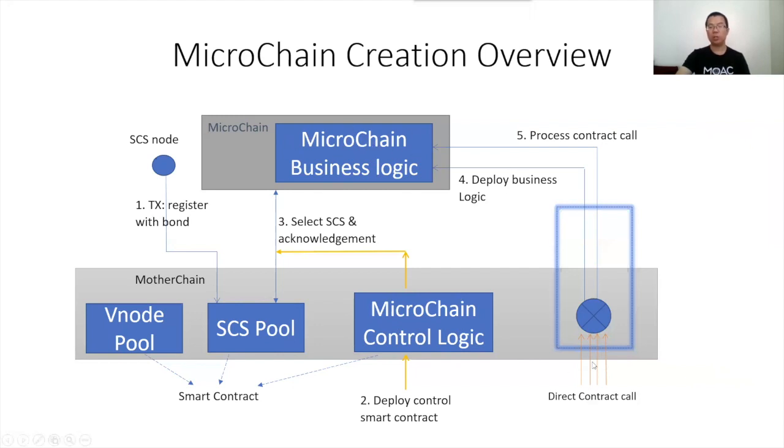All calls to the business logic we call direct contract calls. These contract calls are not processed by the bottom layer; they are processed on the top layer. And this part gets rid of gas. Normally you have to pay gas, but here we get rid of the gas. So any user can call the business logic on the application.